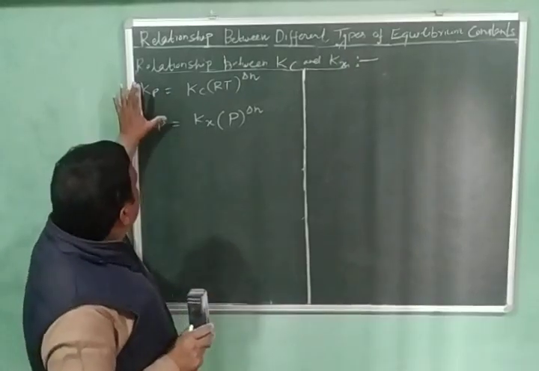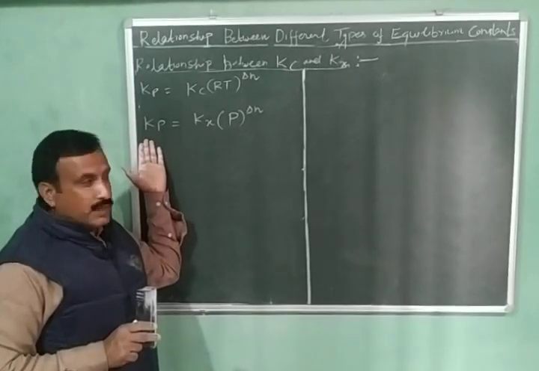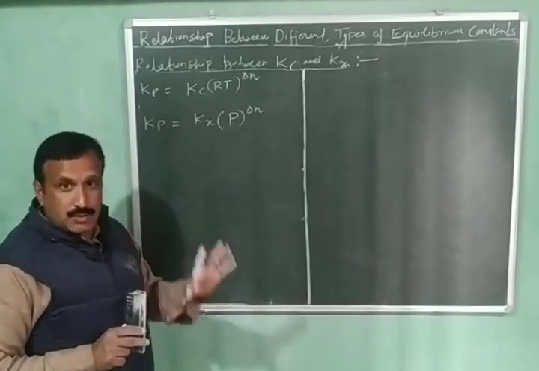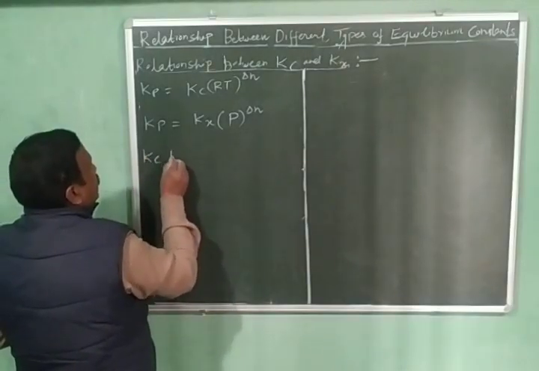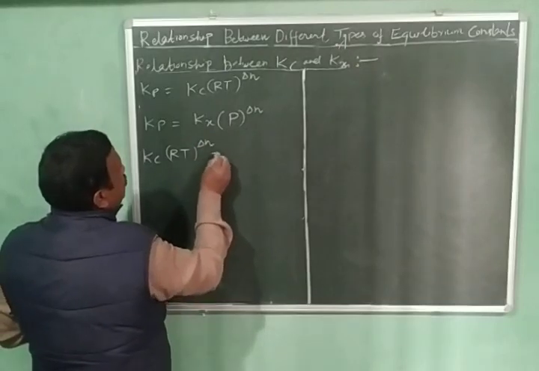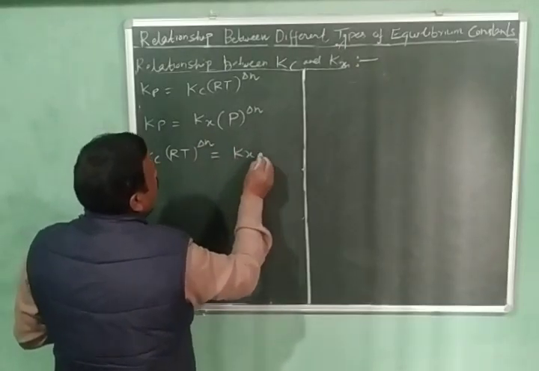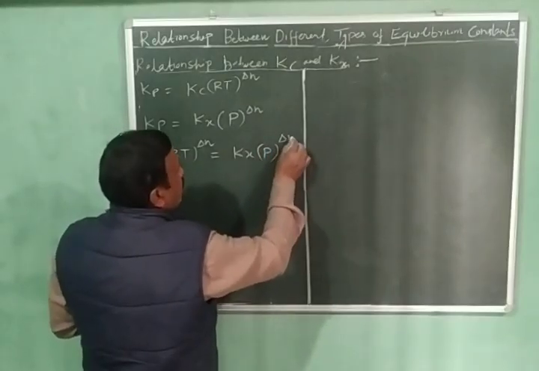Now if you see these two equations, their left hand sides are equal, so their right hand sides must be equal. Then we will have Kc into RT raised to power delta n equal to Kx into P raised to power delta n.